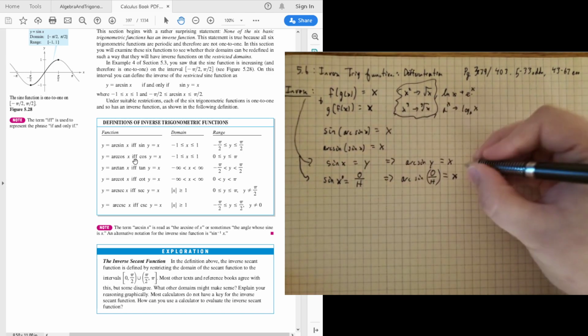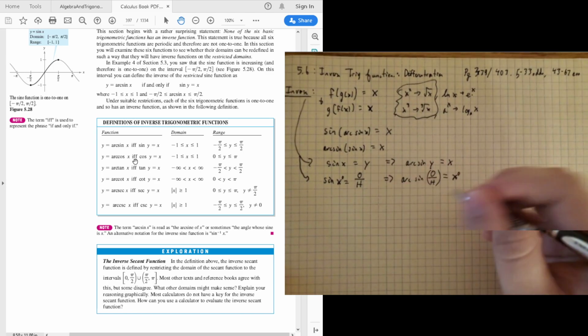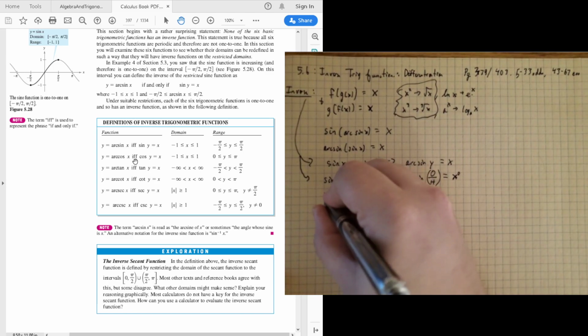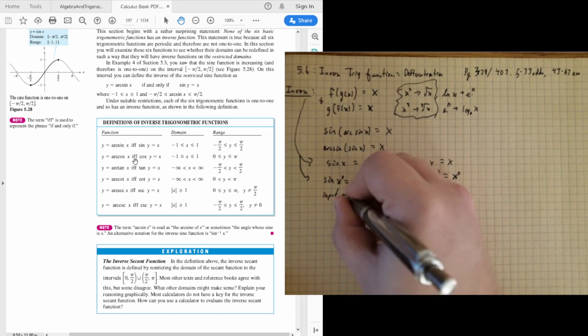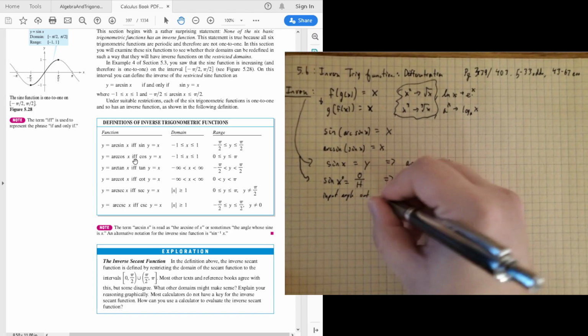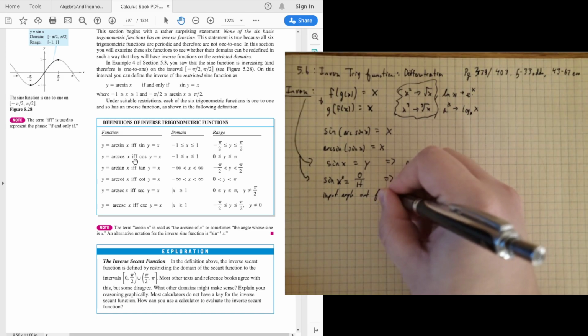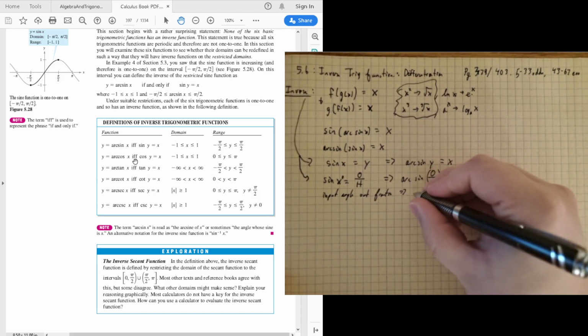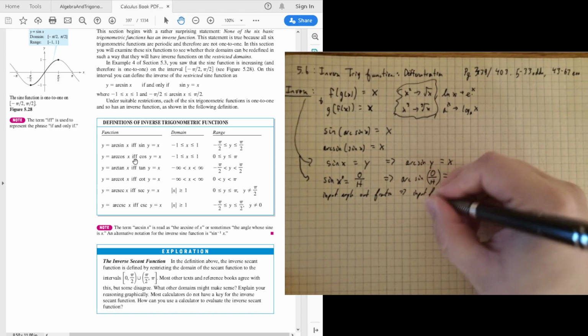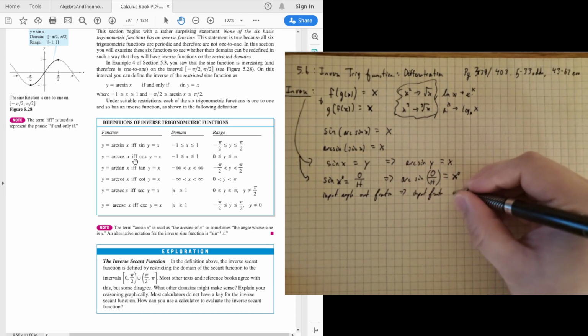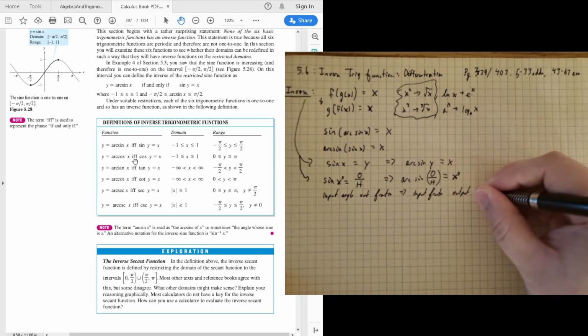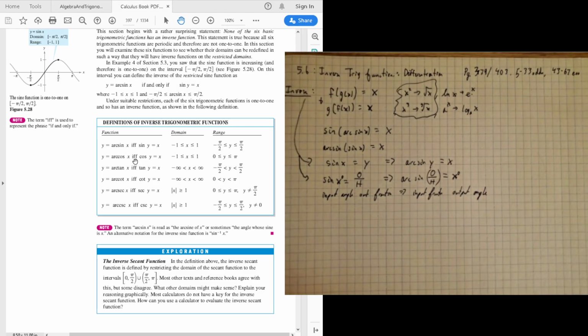That's a big detail. So the way these functions work is I input the angle, I output the fraction, but when we do an inverse, I input the fraction and output the angle. Now we did some of this in geometry, very, very little, but we did talk about it.